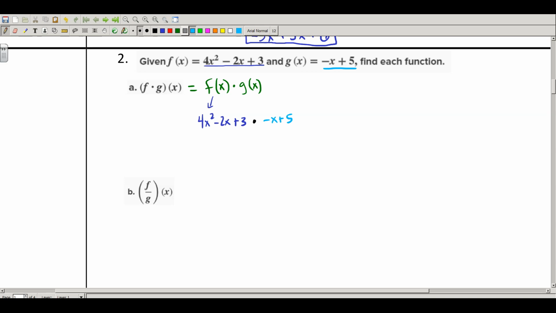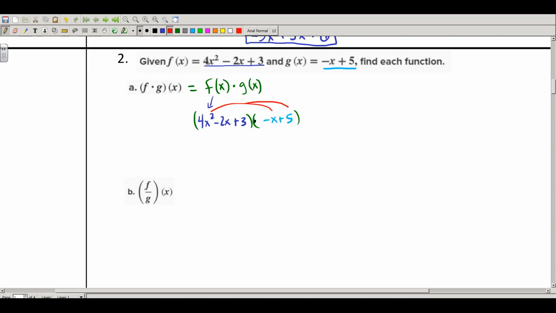So I'm going to multiply those two things. I'm going to put parentheses around those things. And you can multiply this. You can use the box method. You can just distribute. So I'm just going to go ahead and distribute this. So I'm going to take 4x squared, and I'm going to multiply that to the two terms in here.